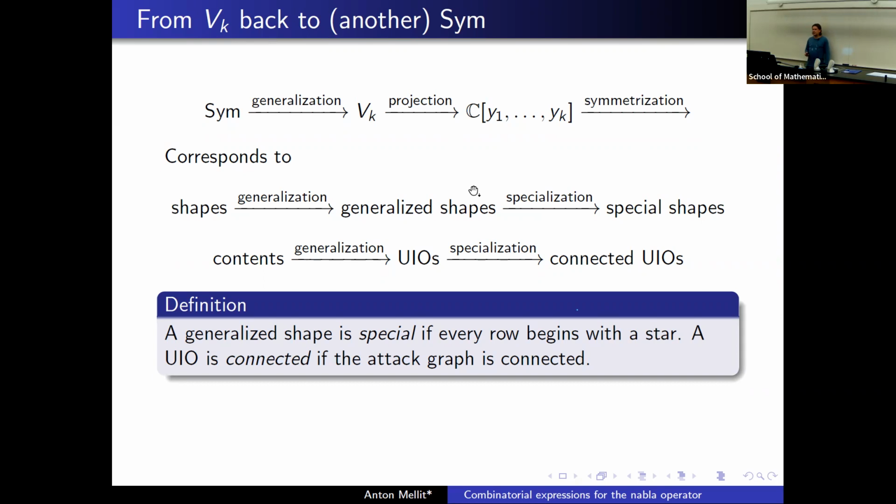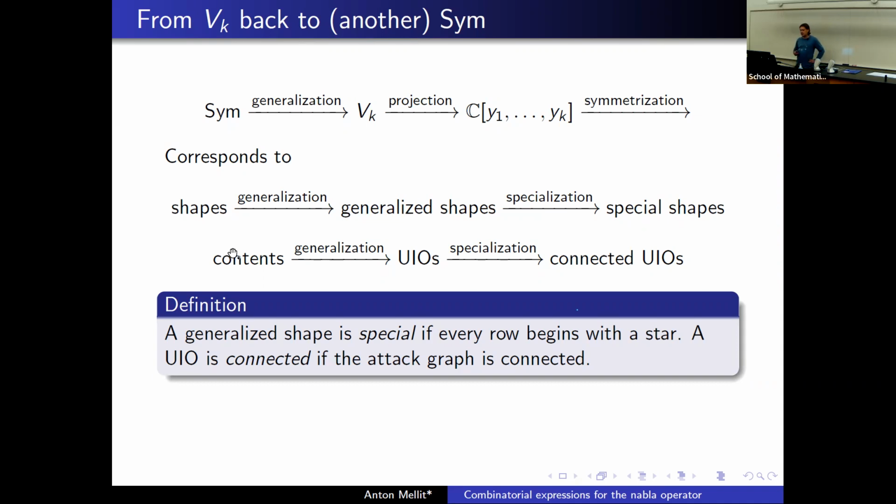And this you can trace in the combinatorics as follows. We started with skew shapes. Then we generalize. We put stars on shapes and allow columns to grow. But now we restrict to a special kind of shape, where a generalized shape is special if every row begins with a star. It's the same condition as we had for counting Dyck paths. We always have a star in the beginning. And you can do the same with contents.